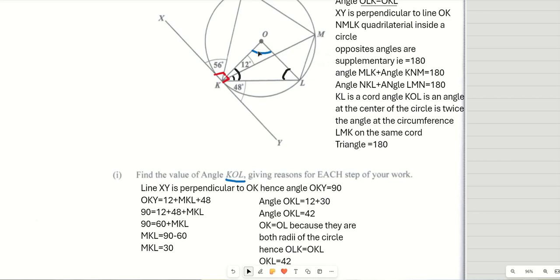Now this blue angle here is the angle on top, right? Again, we can see that as a triangle. A triangle is 180 degrees.